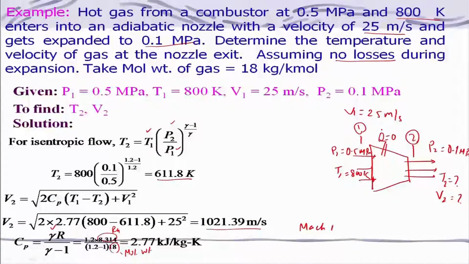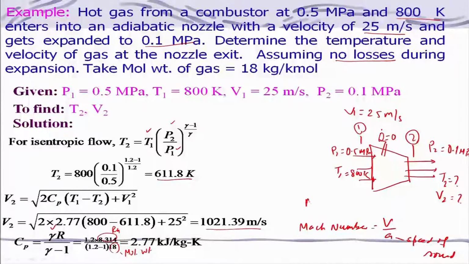right, and then you will have to find out the Mach number. Mach number is equal to V by A, where A is the speed of sound. If the Mach number is very, very low, around 0.2, then we call it an incompressible fluid. Then only we can say that density at station 1 is equal to the density at station 2.